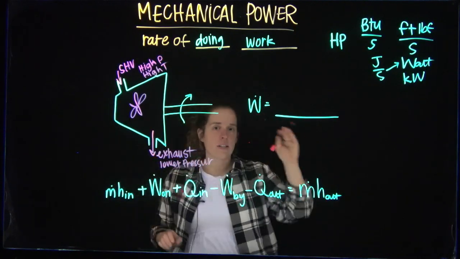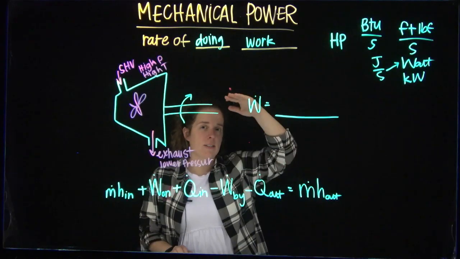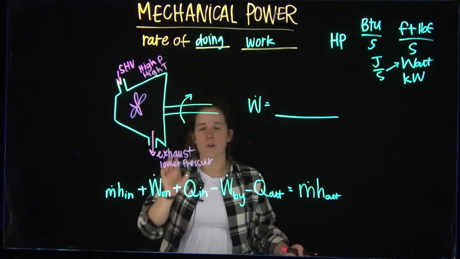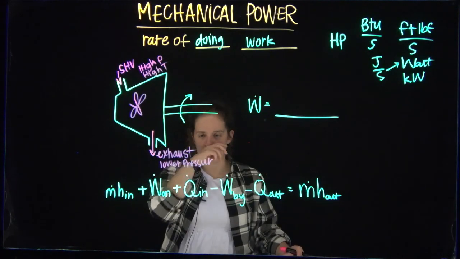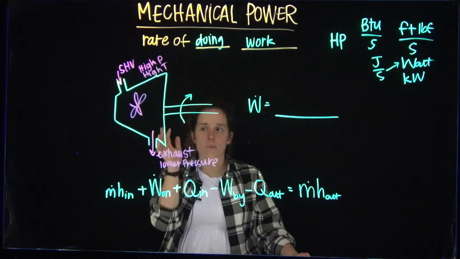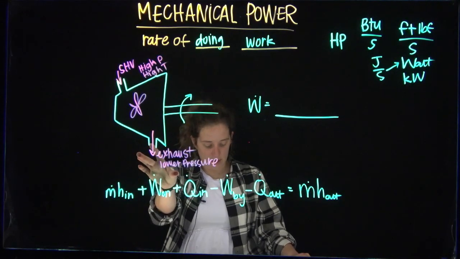If we think about our TS diagram or PV diagram, we're going from that high pressure, jumping down to that lower pressure. We'll get much more into that, and you'll be able to visualize it. But we're going down to a lower pressure fluid coming out of there.